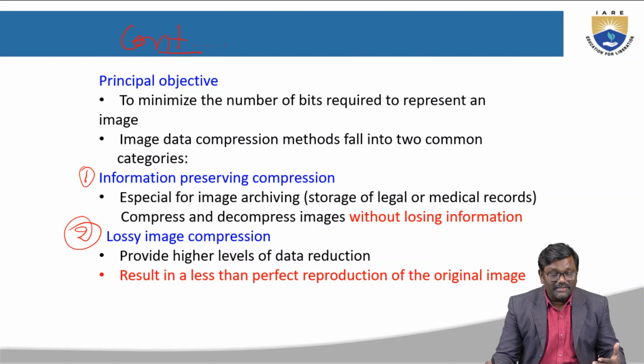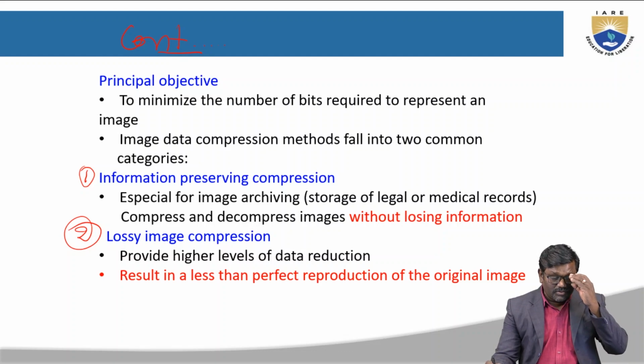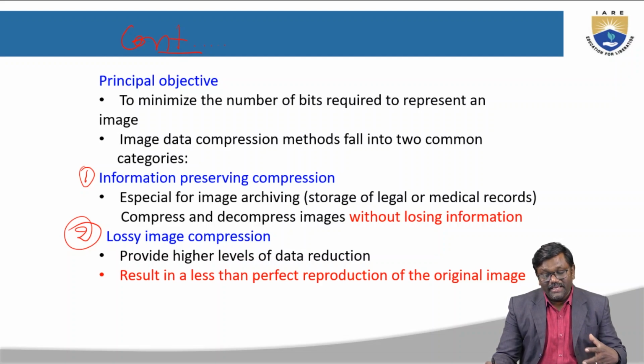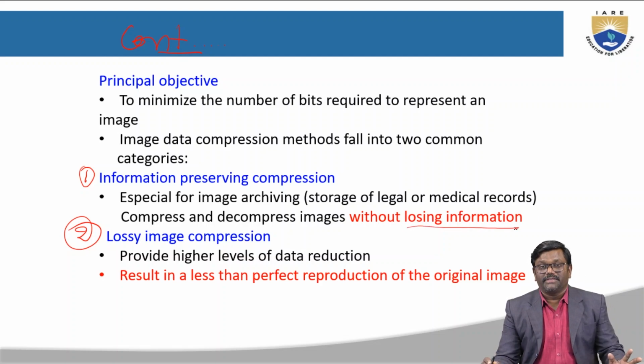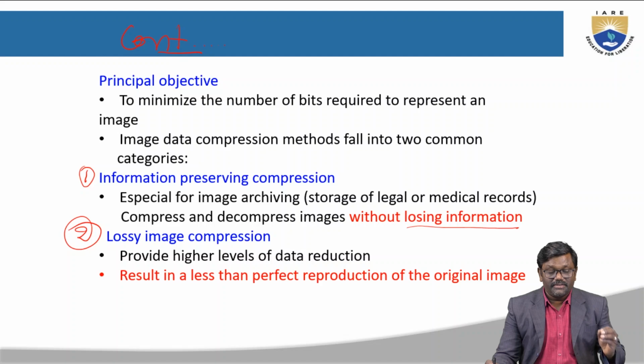What we want to understand from these two categories is this. Number one, especially for image archiving, the storage of legal or medical records, compressing and decompressing the image without losing any information is called information preserving compression. The second one is lossy image compression. What is the meaning of lossy image compression?